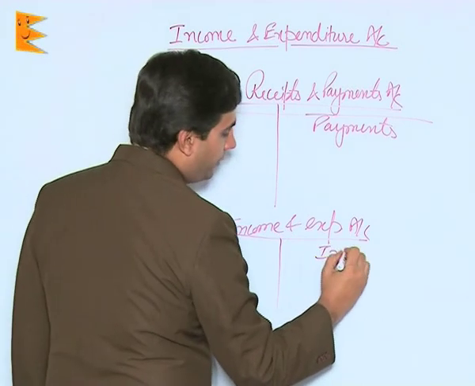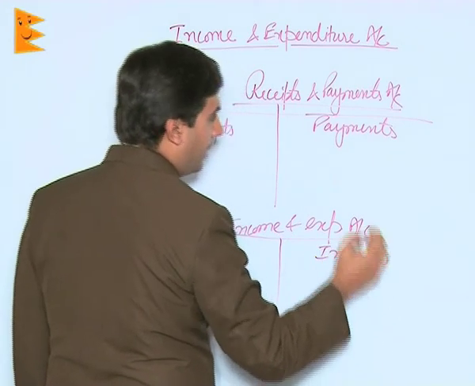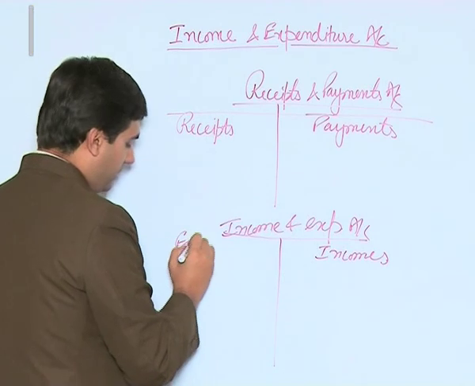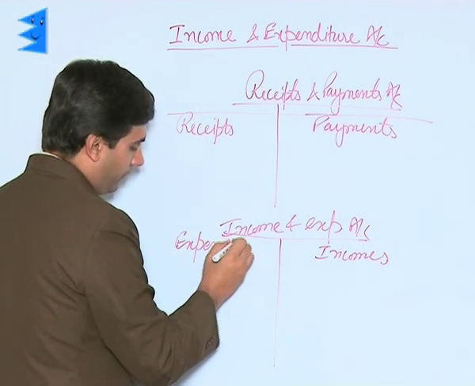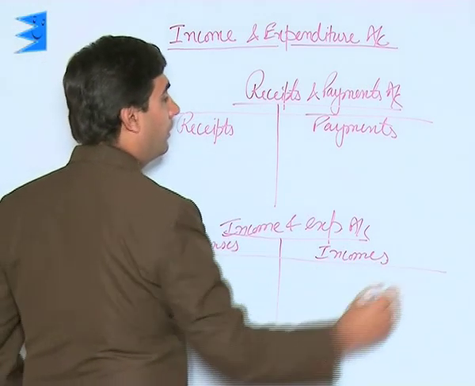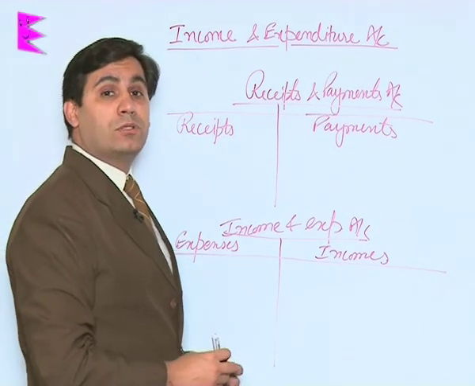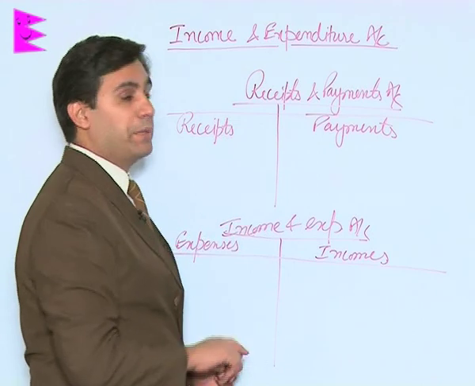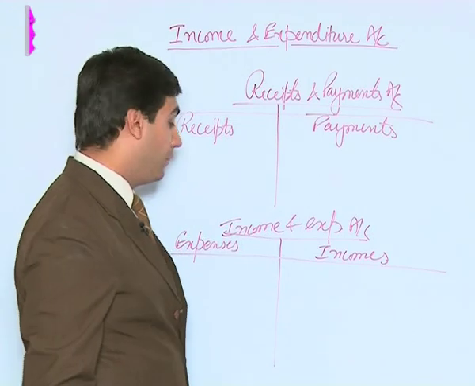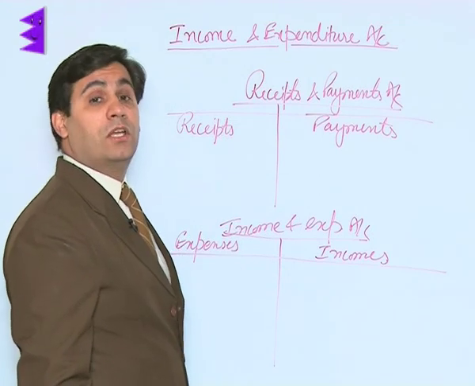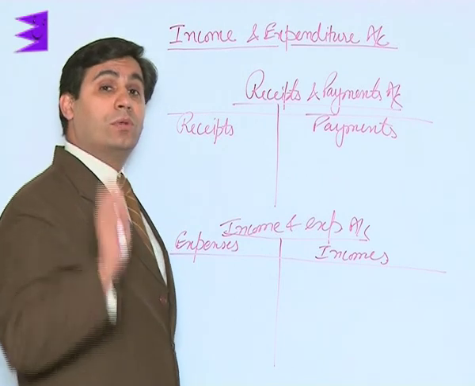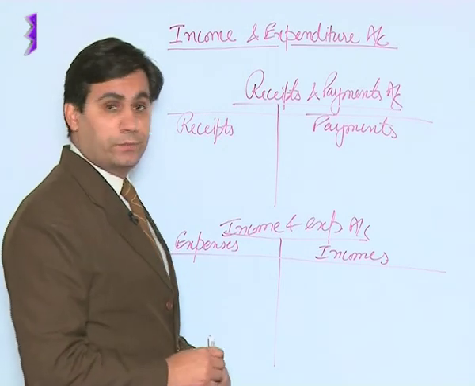All the incomes would be on credit side and all the expenses would be on debit side. So when we actually move ahead from receipts and payments account and try to prepare income and expenditure account, we must make sure that only the revenue items are recorded, right?